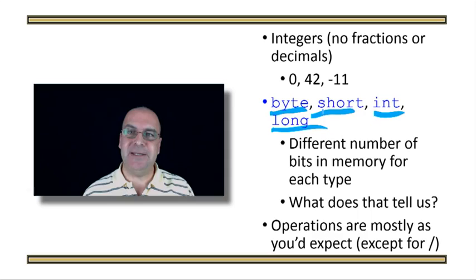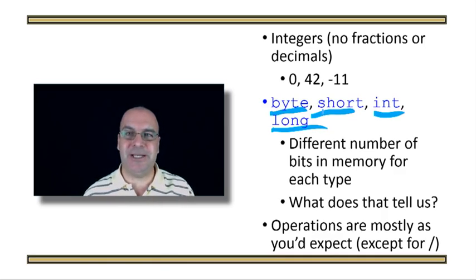So if b is 8, n is 256. So we can represent 256 unique values in a byte. Turns out the range is from 0 to 255. And then we move up to short, which is 16 bits long, int, which is 32 bits long, and long, which is 64 bits long.